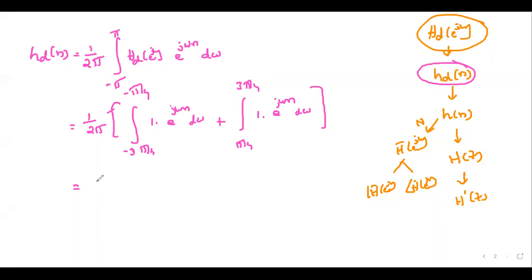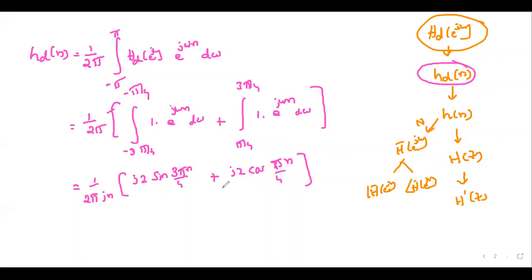Once again, repeat. 1 by 2 pi jn into j2 sin 3 pi n by 4 plus j2 cos pi by 4n.